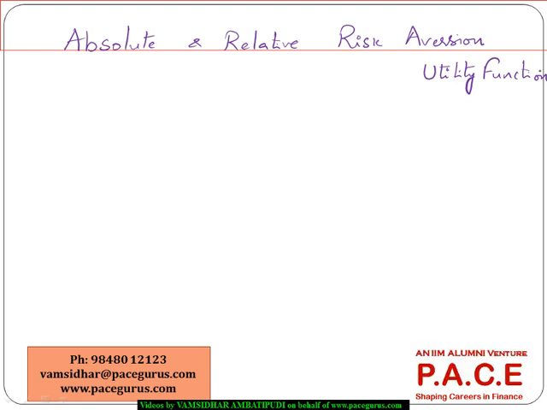Now, expressed in utility function terms, I can measure the absolute risk aversion, which is represented by A of W. It says that I can measure absolute risk aversion by taking the negative of the second derivative of the utility function and dividing it by the first derivative.